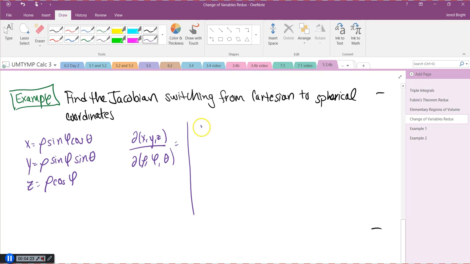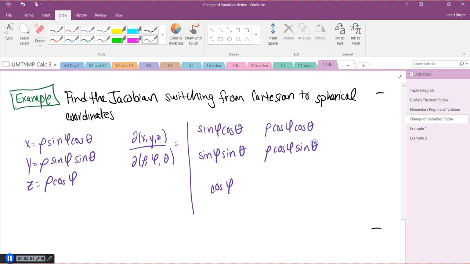This is the easy one: sine phi cosine theta, sine phi sine theta, and then cosine phi. And then with respect to phi, we get rho cosine phi cosine theta, rho cosine phi sine theta, and negative rho sine phi. And then the last column, we're almost done.